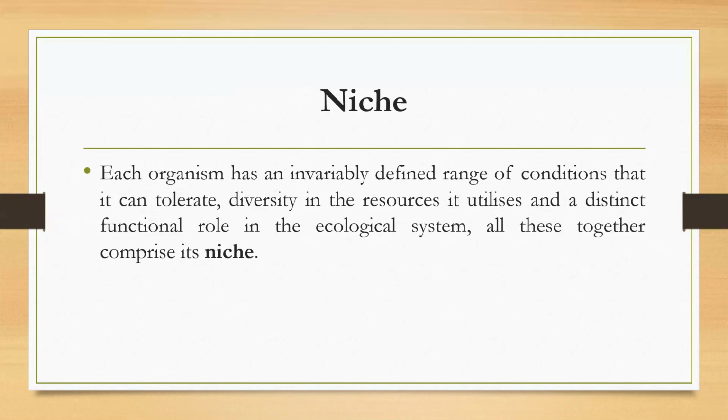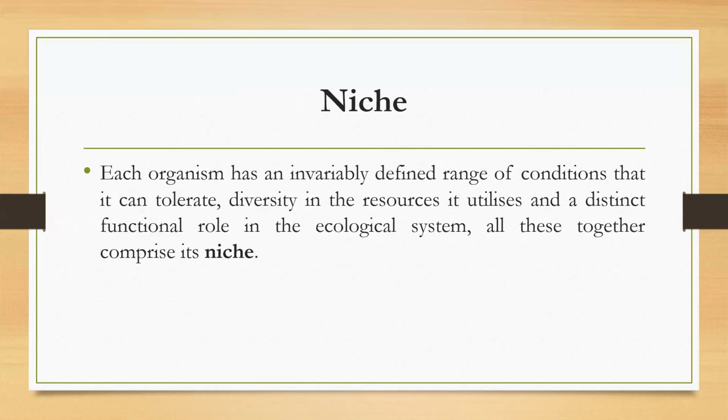So it can tolerate one particular range of temperature. It can tolerate one particular range of pH variation. So it can utilize the natural resources to a certain extent. And it shows a particular role in the environment. It has got its own role in the environment.